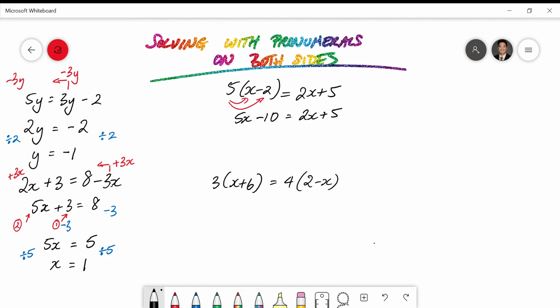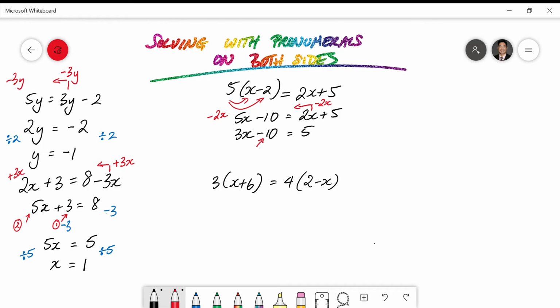Okay, now we are in a similar situation to the second example that we just did, and we want to move the pronumerals to one side of the equation, keeping things as positive as possible. So this 2x, I would like to move to the left by taking 2x from both sides, and therefore we end up having 3x minus 10 is equal to 5.